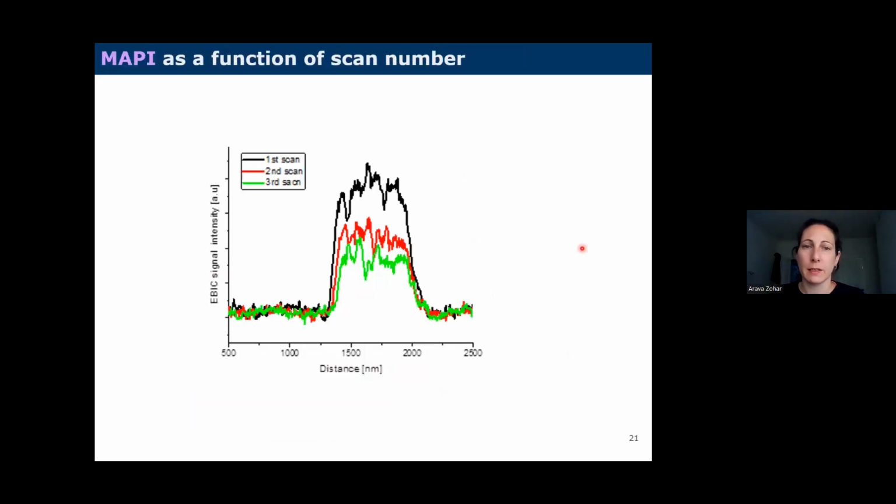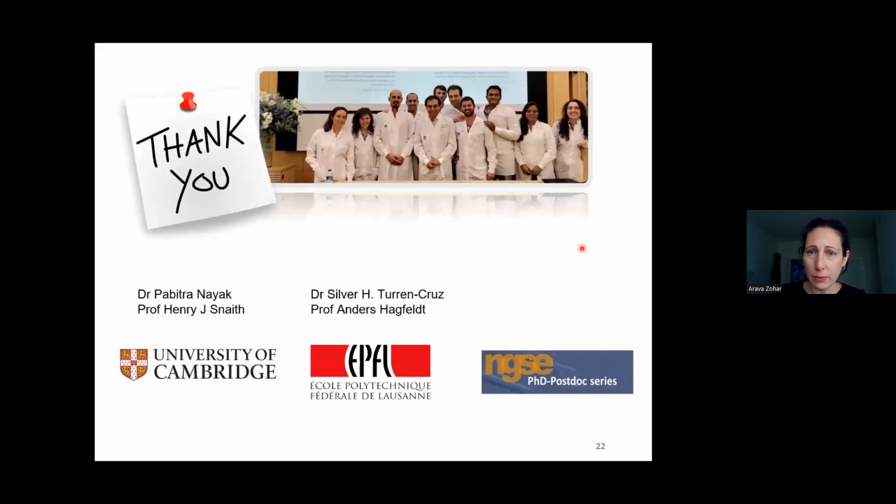Another thing that usually people don't show, but beam damage does exist, and after scanning a few times, the profile doesn't change. If I start from PIN, I'm not getting a PN junction. It still stays PIN, but the reduction of the current that I collect after beam damaging the surface affects the measurement itself.